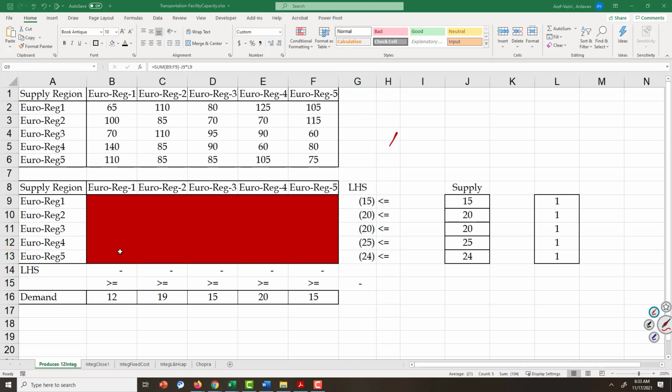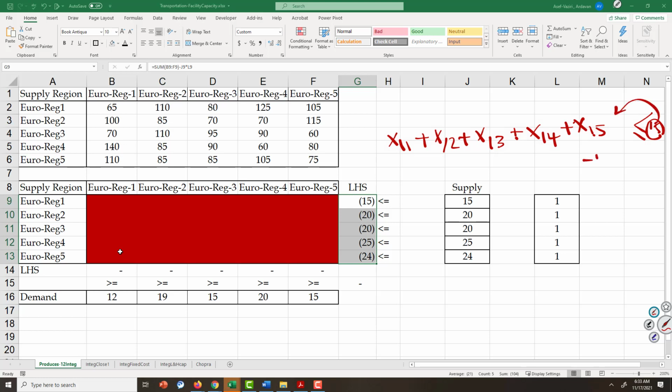So I stated x1,1 plus x1,2 plus x1,3 plus x1,4 plus x1,5 less than or equal to 15. Then I brought this 15 to this side, minus 15.